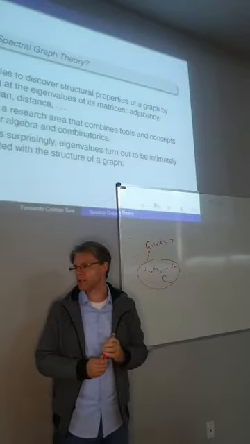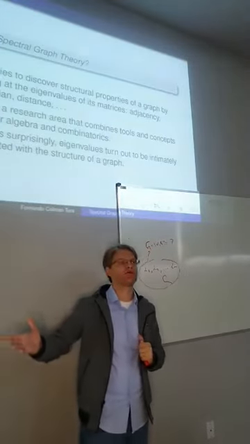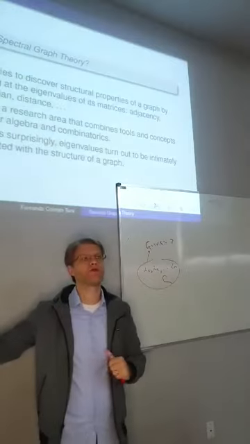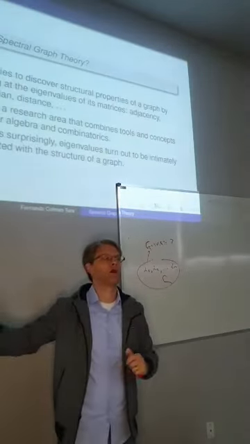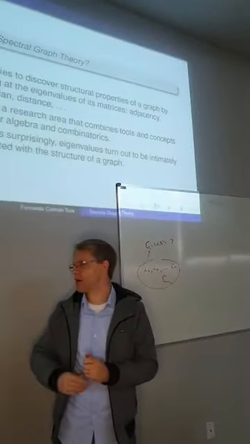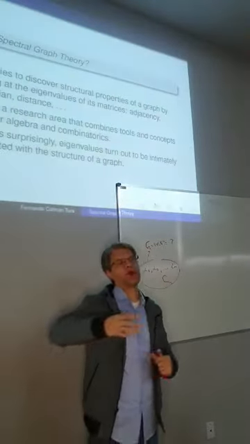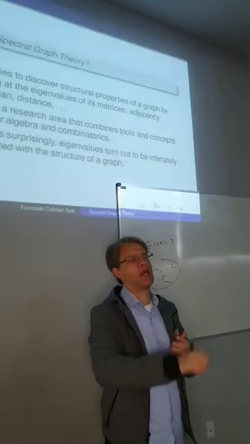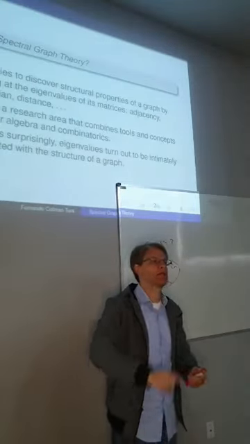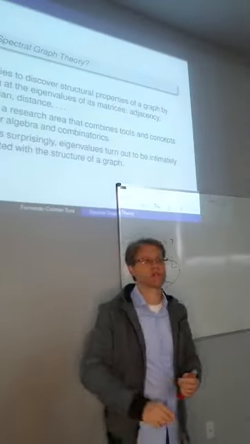We can also say spectral graph theory tries to discover the structural properties of the graph by looking at the eigenvalues of its matrices. You have many matrices associated with a graph: adjacency matrix, Laplacian matrix, distance matrix.